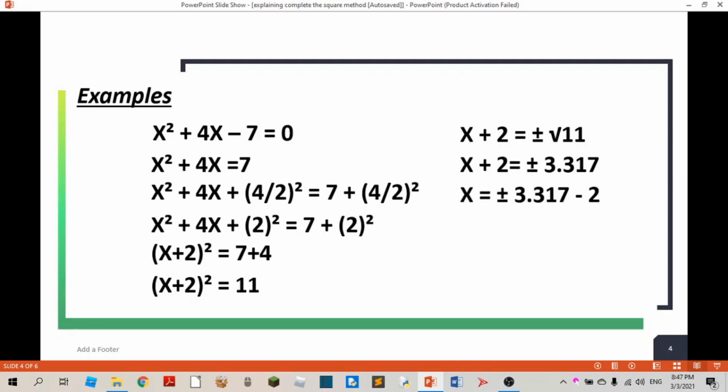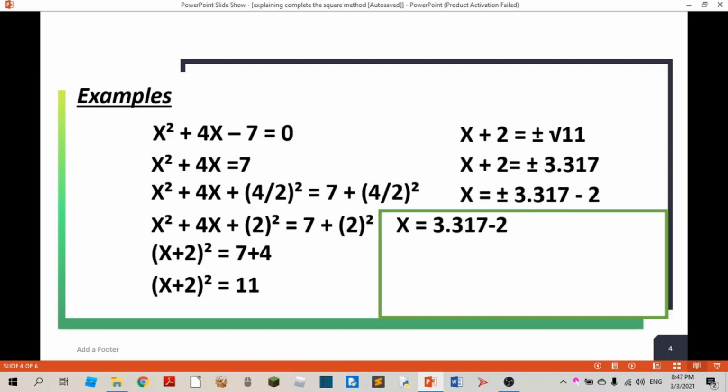That means x is equal to plus minus 3.317 minus 2. X can be 3.317 minus 2, which equals 1.317, or it could also be negative 3.317 minus 2, which is negative 5.317.